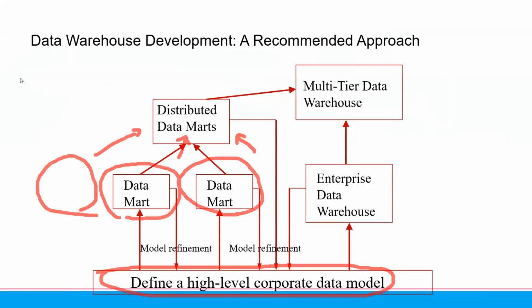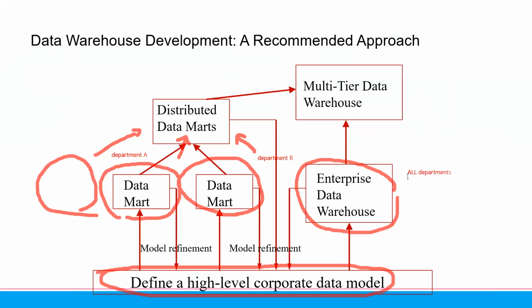As you know, a data mart can be in every department. Maybe this is department A. This will be in department B, and so on. But the enterprise data warehouse is for all the departments.